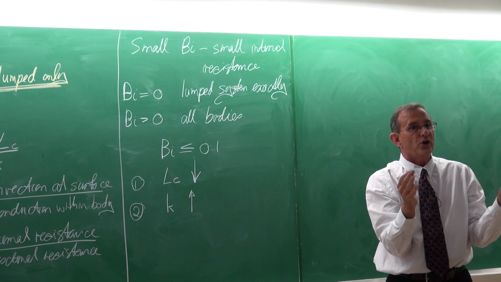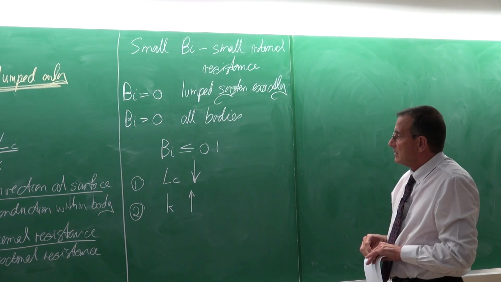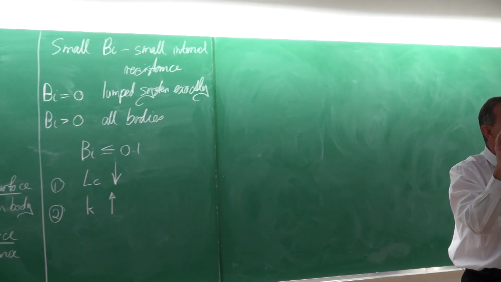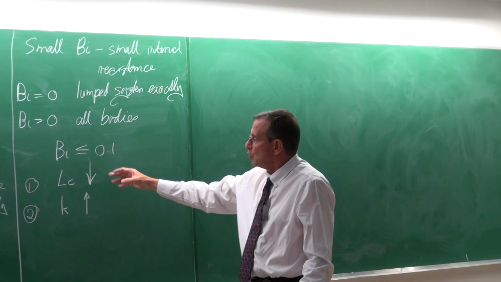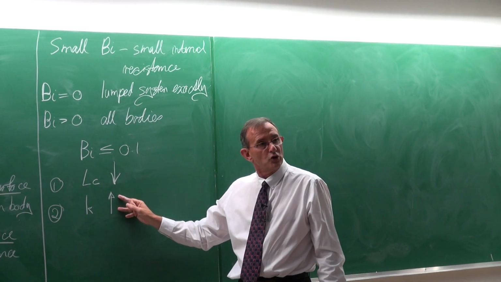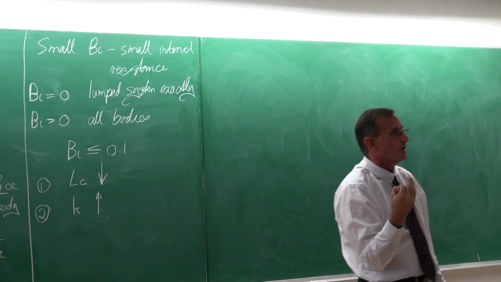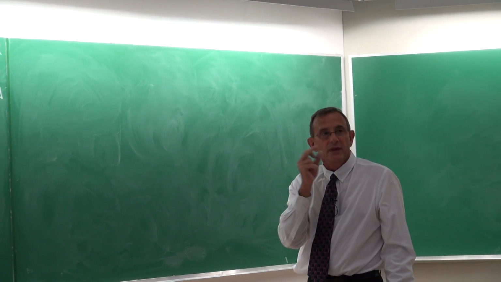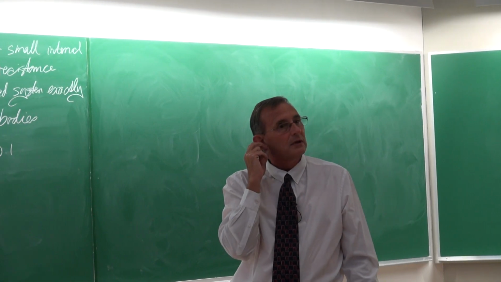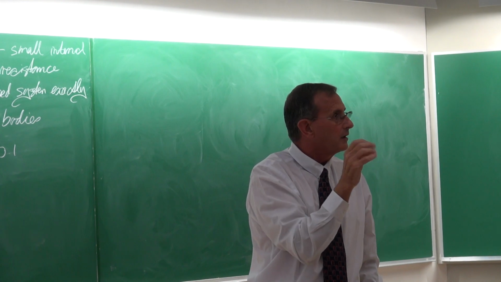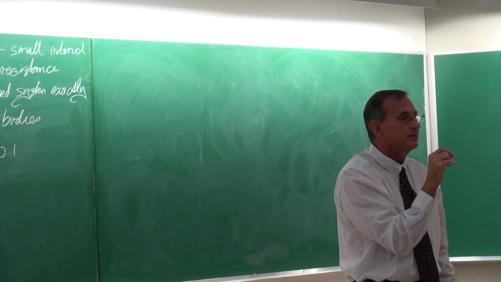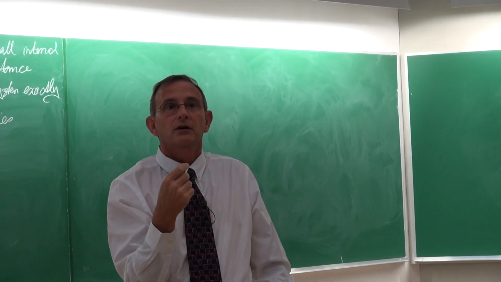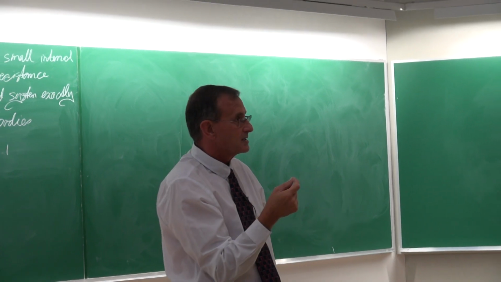So if we think of bodies that we can consider, any small ball, a bearing typically, would have a small characteristic length and high thermal conductivity. So a ball bearing would be a good example of a lump system. The jewelry a woman wears in her ear, a wire or maybe something fancy on it, a heart or something like that, is small, and the thermal conductivity would be high. That would be a good approximation for a lump system.